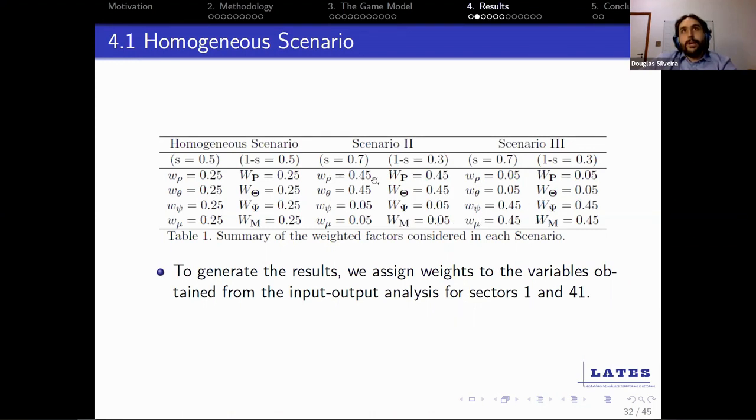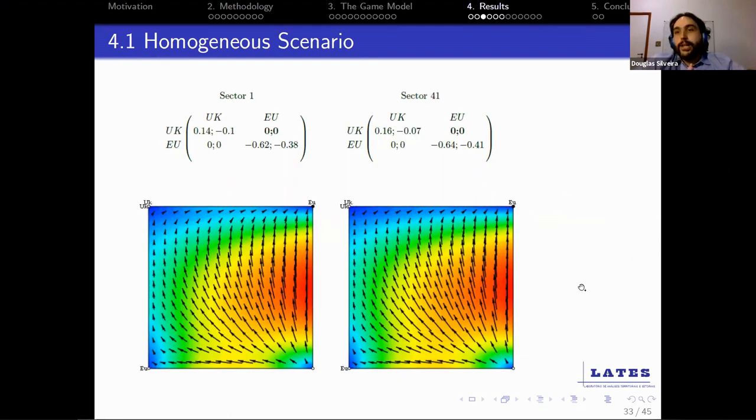And here we have the weights associated with the market potential and the productive integration. So that's how we are considering these scenarios for both sectors 1 and 41. And at the beginning of our analysis, I would call this homogeneous scenario the naive scenario. And for both sector 1 and sector 41, we have the same dynamics.